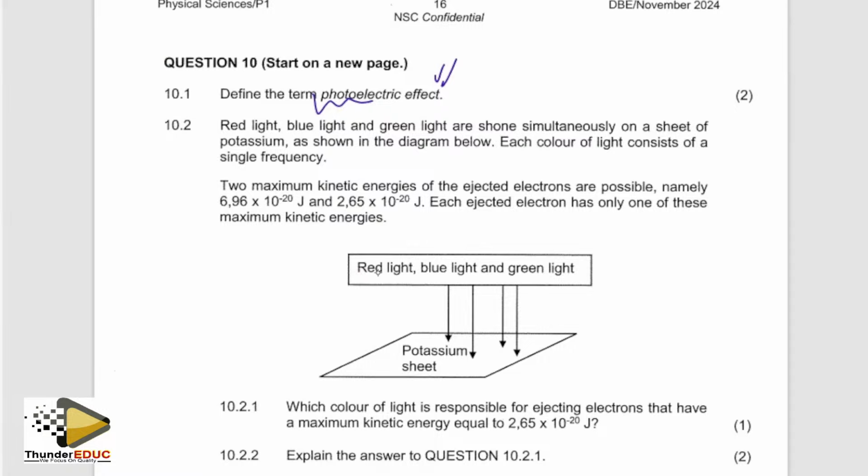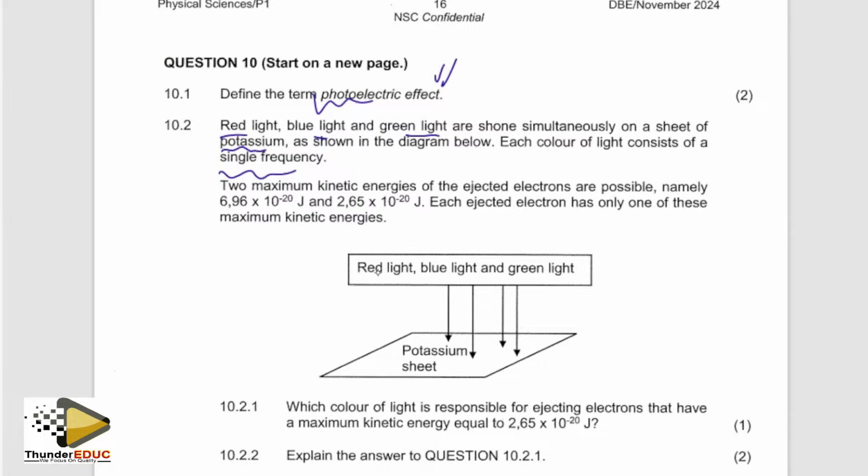10.2, they're telling us we have red light, blue light, as well as green light, shone simultaneously on some potassium metal, as shown in the diagram. Each color of light consists of just a single frequency.